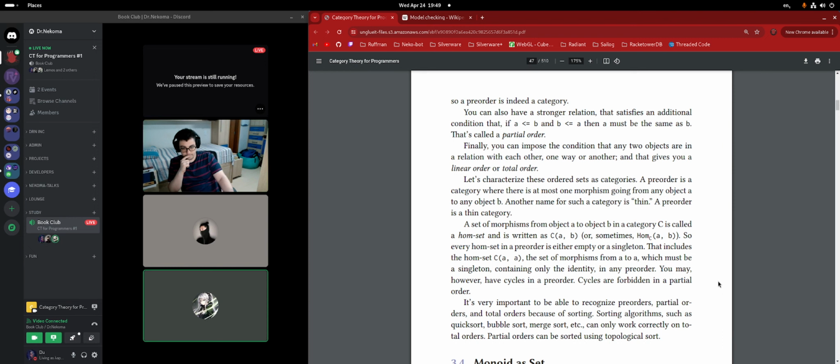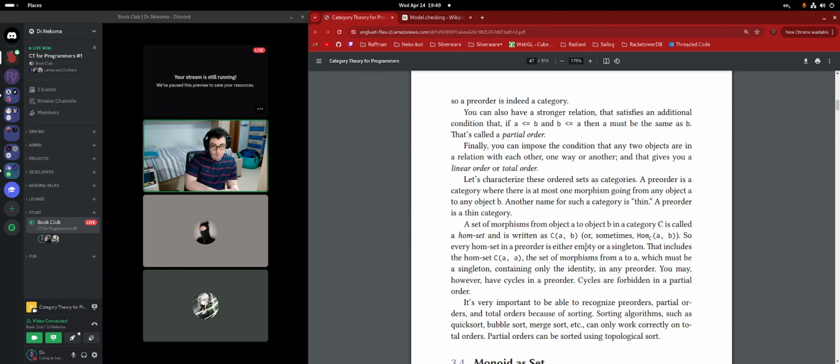From each element, which is a node, if you have a morphism to another element, that's like having an edge, so you can go from one node to the other. A hom-set is basically saying, here's node A, here's node B, I want to know all of the paths that go from one to the other.